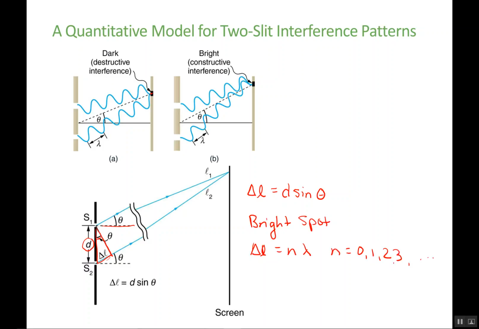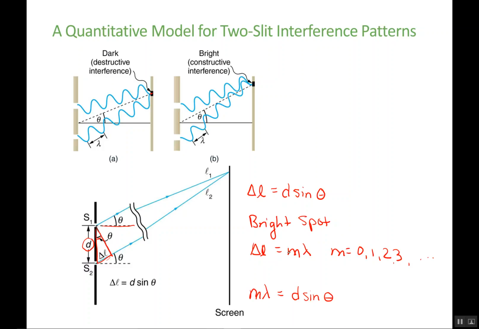And as we discussed earlier, a bright spot will result whenever this delta L, this path length difference, is an integer multiple of the wavelength, lambda, where n is equal to 0, 1, 2, 3, etc. Now, let me change notation slightly to correspond with what's in your textbook.